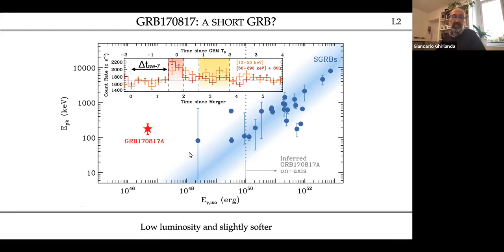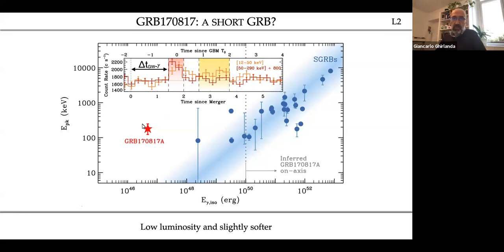It has, in particular, an energetic which is 4 orders of magnitude smaller, roughly, than the average value of short GRBs, and its peak energy, that you remember characterizes the peak of the SED, is in the low end, but not extremely soft with respect to the others.